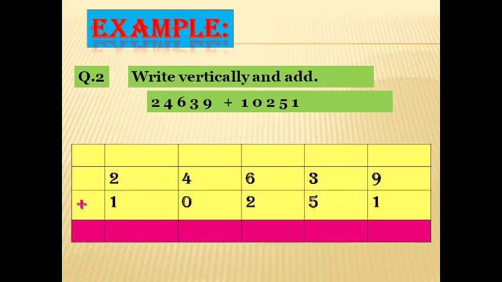Starting with the ones column, 9 plus 1 is equal to 10. 0 will be placed in this column and 1 carry will be shifted to the next column. In the tens column, 1 plus 3 plus 5 is equal to 9. In the hundreds column, 6 plus 2 is equal to 8. 4 plus 0 is equal to 4. 2 plus 1 is equal to 3.